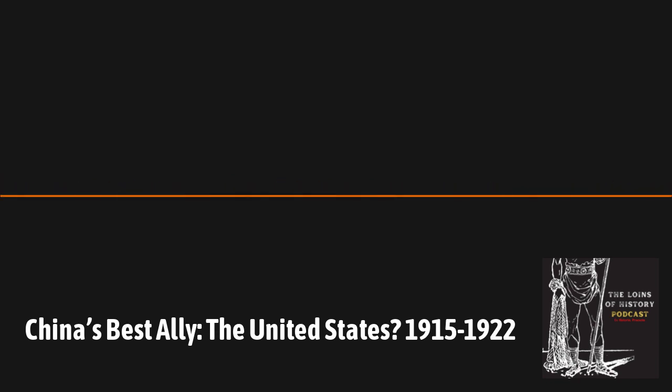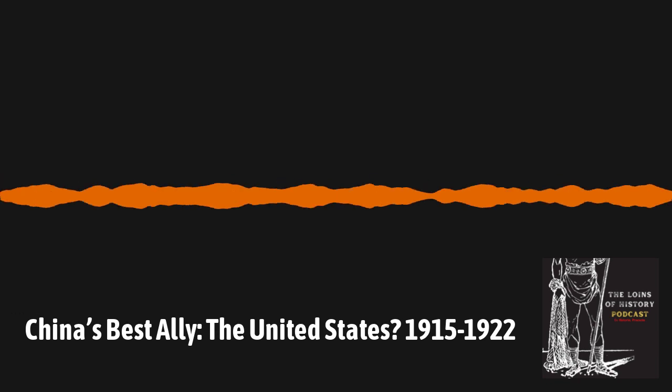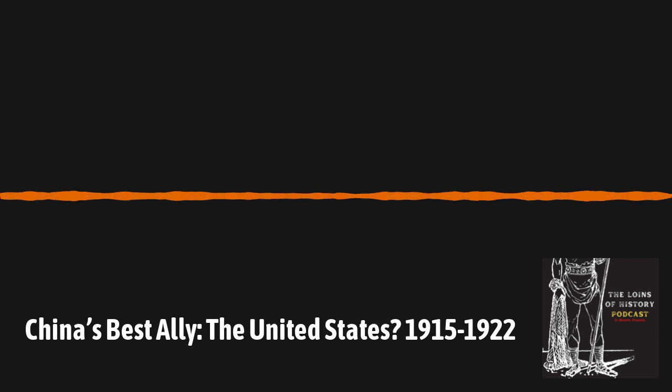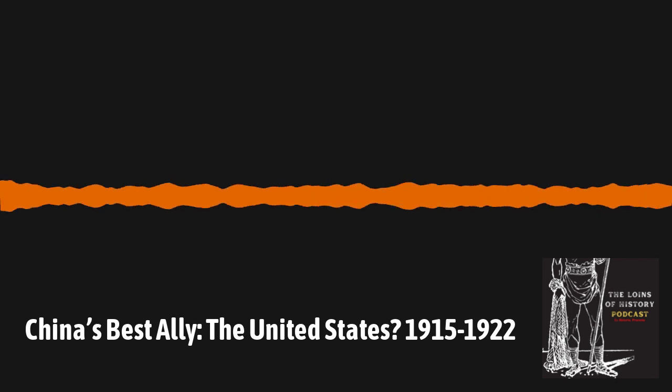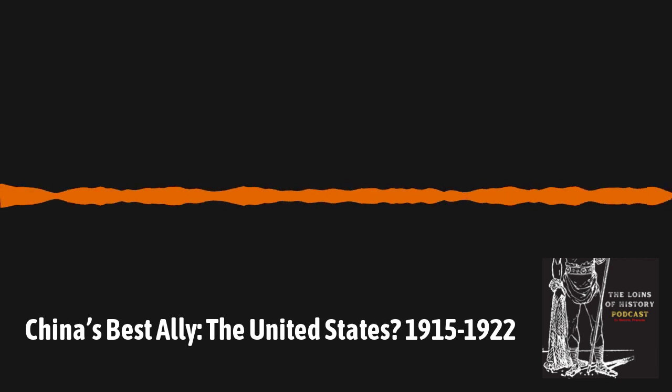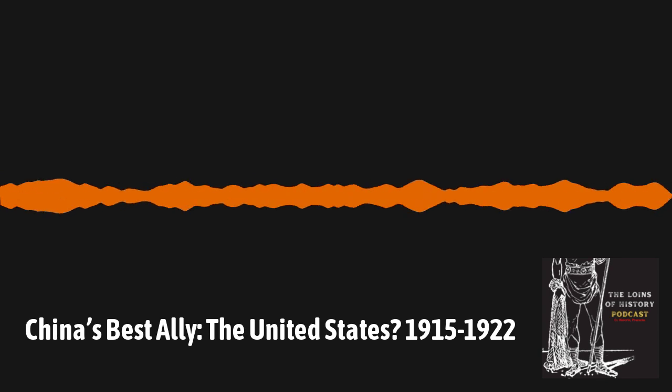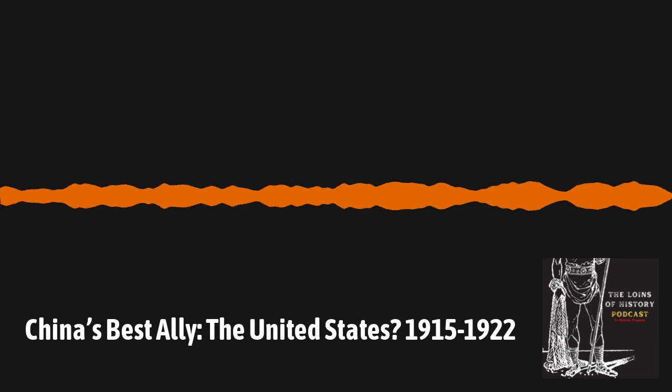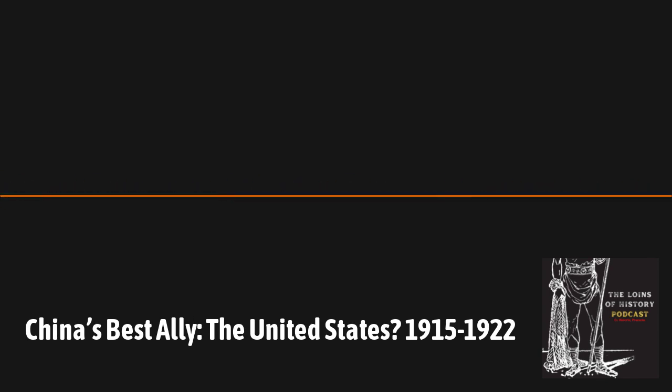So, long story short, the fifth group of demands, the ones that basically ceded control of their government to Japan and Fujian province, the Japanese withdrew those demands, but they kept the rest of them. So I think it brought it down to 13 demands. And Yuan Shikai signed the document in 1916.